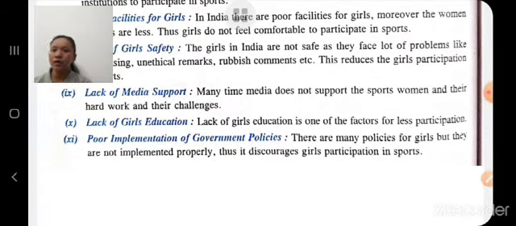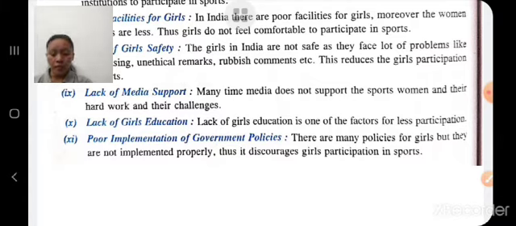Girls are not provided good training. Lack of nutrition, lack of finances, etc. These are the causes due to which the participation of women in sports is decreased.